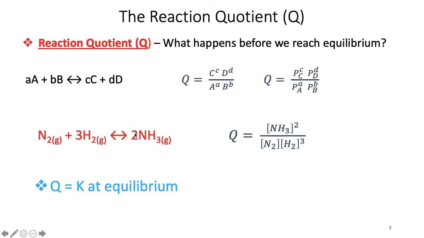The value of K is the same at a particular temperature. That is called the law of mass action. So the law of mass action says that K, the equilibrium constant, is constant for a particular temperature, and it doesn't matter if you proceed in the forward direction or in the reverse direction.